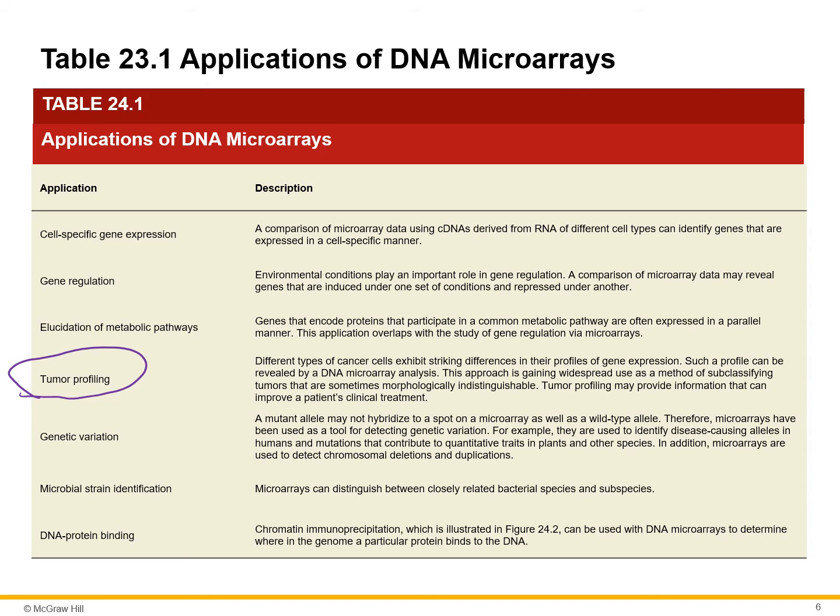By studying which genes are being expressed in different cancer cells, you can maybe localize the types of treatment a particular patient gets based on the genetics of their tumor. So that's just an idea of some of the things that this technology can be used for. It's pretty amazing.